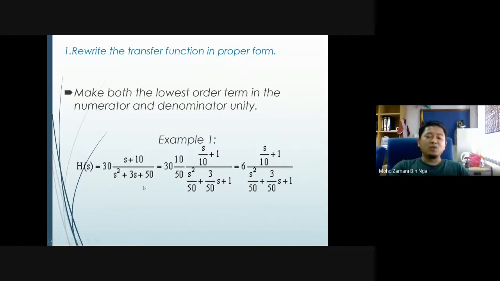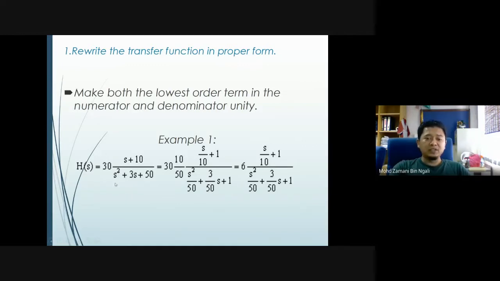If we have a more complicated form, we have to factorize everything to the simplest factor form, as we can see in this example, and then convert into this form. What is proper form for Bode plot? The proper form is that we have to make sure the constant number at the end of every s is equal to the value of 1.